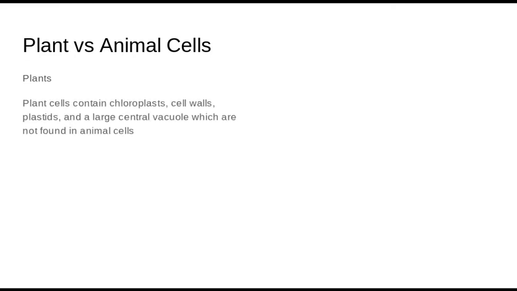When we think of cells, we tend to think of plant cells and animal cells. So let's compare them. Plant cells have more stuff in them. They have chloroplasts, cell walls, plastids, and a large central vacuole. These are not found in animal cells. Plant cells are generally rectangular in shape, and that shape is determined by the cell wall, which is an advantage when you go to stack cells and reach organisms that are over 100 feet tall.